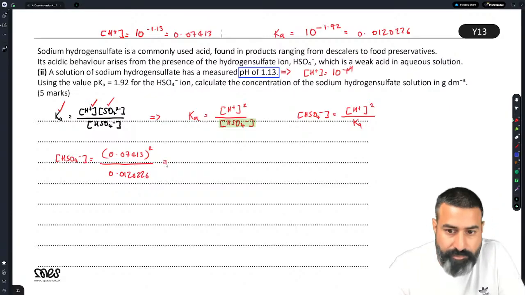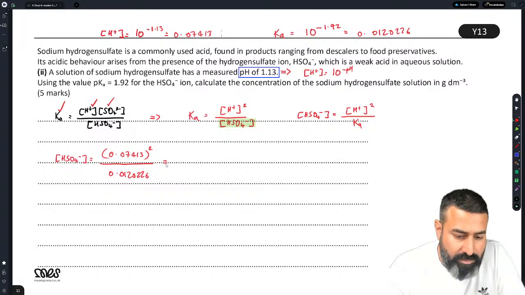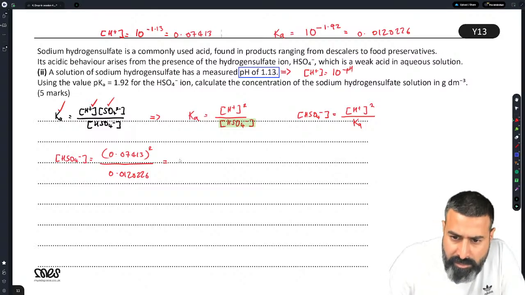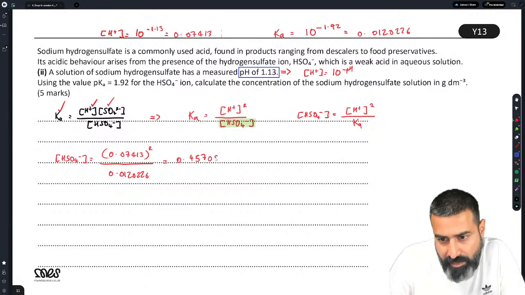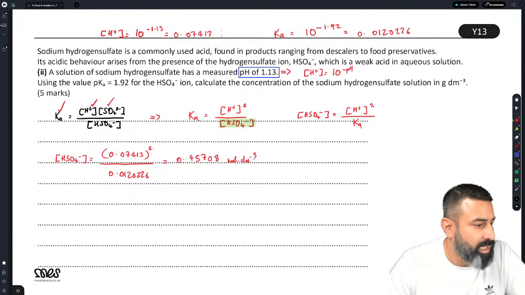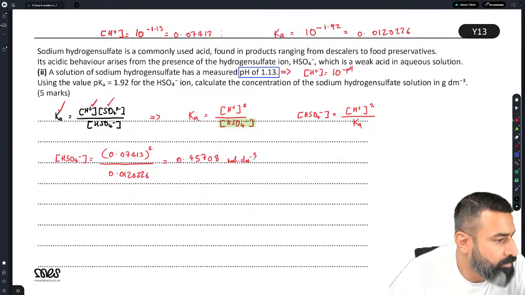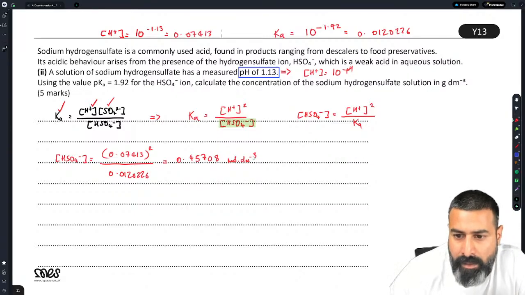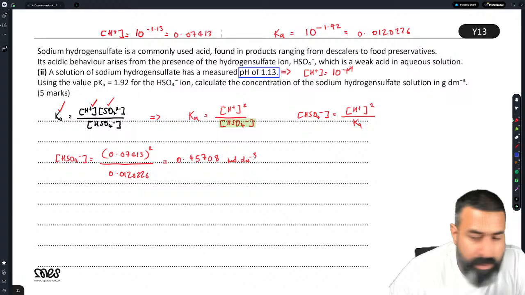So what do we get? Do we get 0.45 or something? I get 0.45708, and I did a bit of rounding. Yeah, cool, wicked. So then where do we go next?